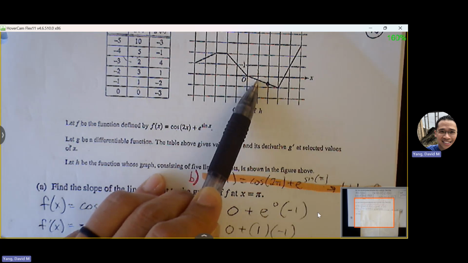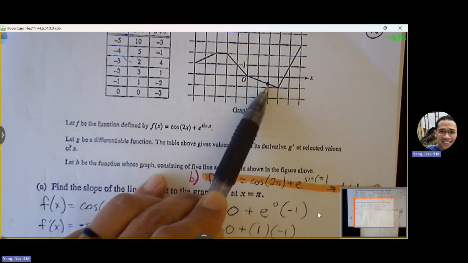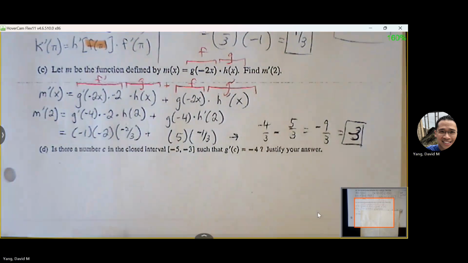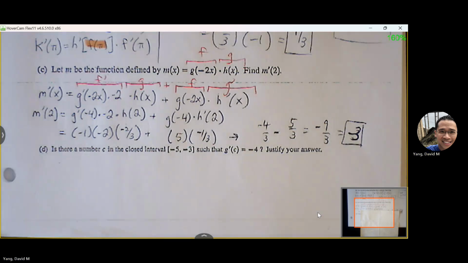So negative 1/3, negative 2/3, negative 3/3. So this value is negative 2/3 here. And then h prime of 2 is the slope of that h graph, which is negative 1/3. And then we're just combining those numbers together. And you'll get to use your calculator on your Friday assessment.